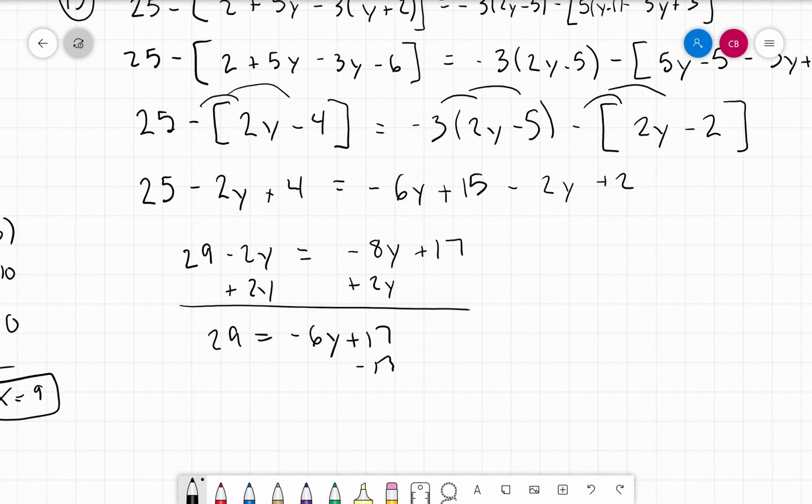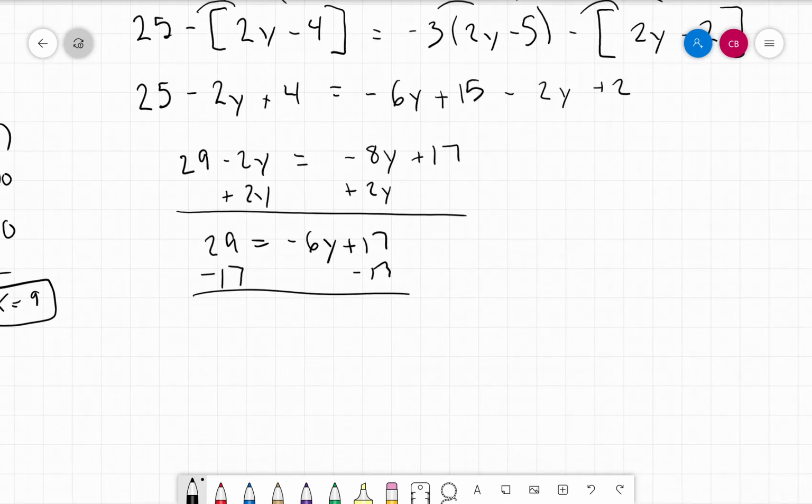We minus the 17. And this is negative 6y is equal to, I think that's 12. Divide by negative 6. Negative 2 is equal to y.